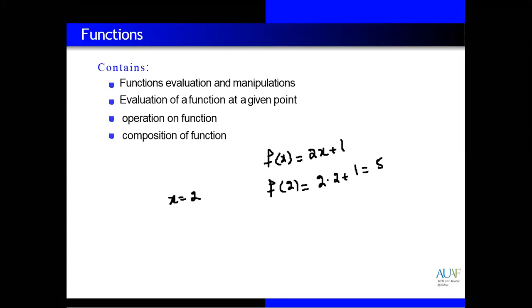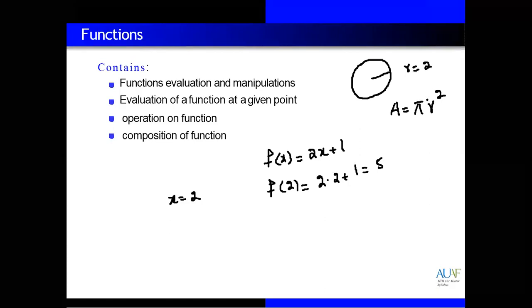For example, if we have a circle, the formula for finding the area of a circle is equal to what? Pi r square. So evaluating a function, for example, what will be the area of a circle having radius equal to 2? Just replace r with 2. Area is equal to pi into r square.